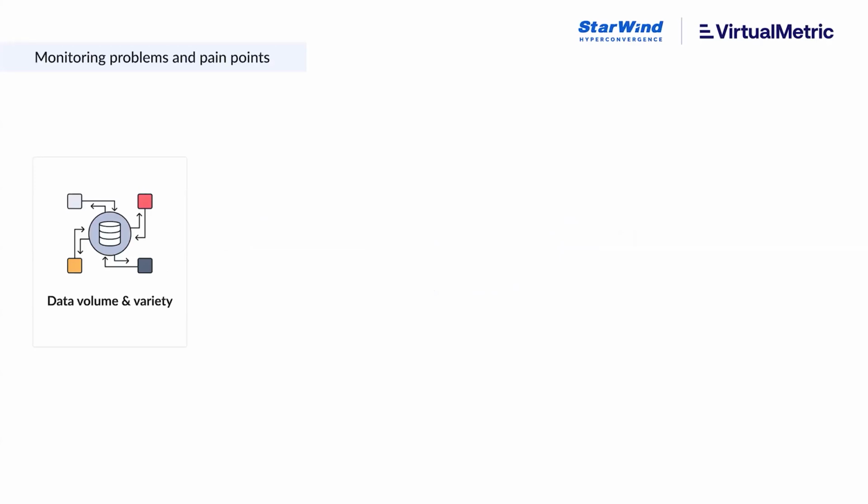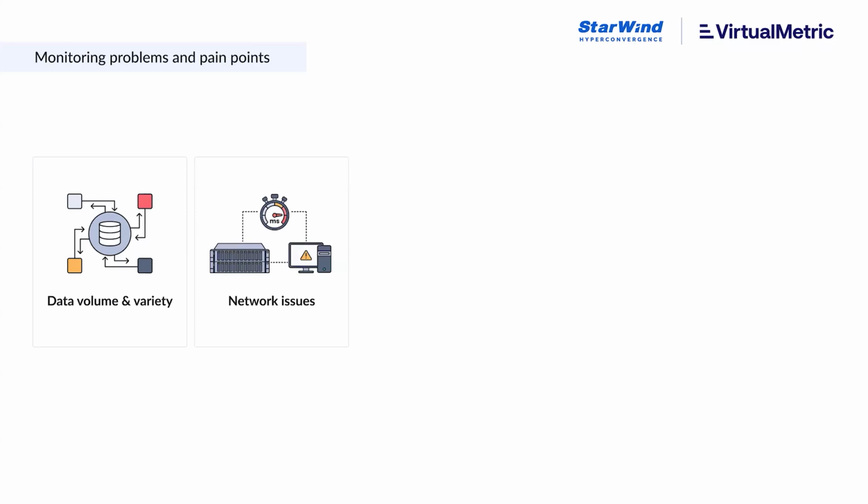A lot of data needs to be collected, stored, processed, and analyzed from each part of the production. Let's add that all of the data has different logging formats, metric systems, collection protocols, etc. And all of that happens in real time. So all of that complicates the aggregation and normalization of the data.